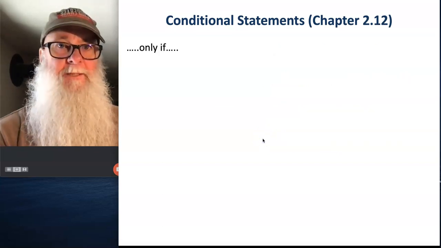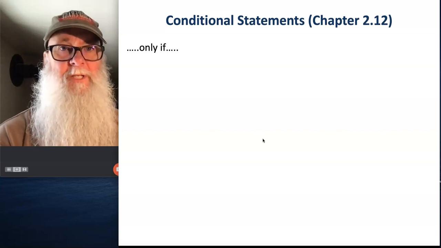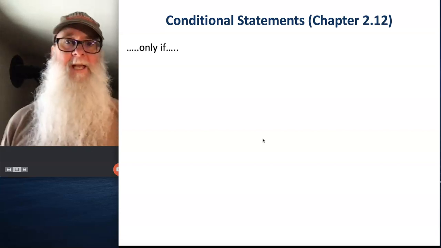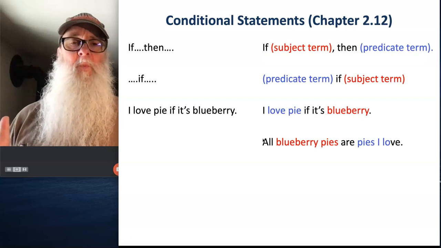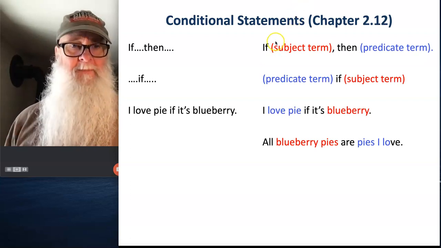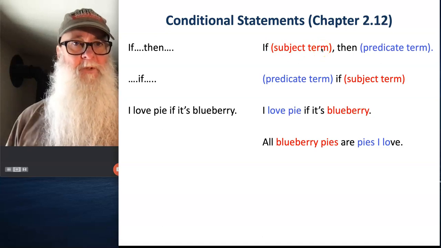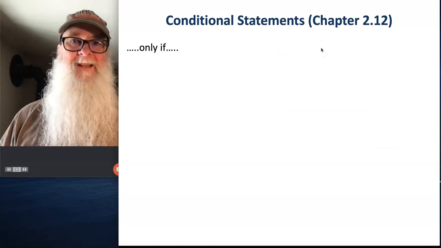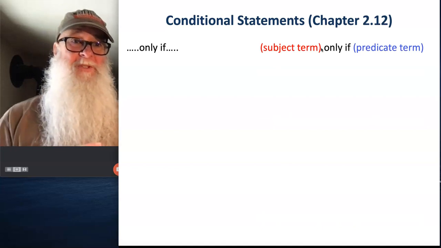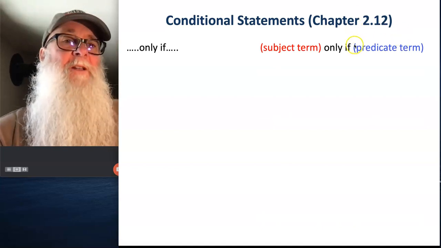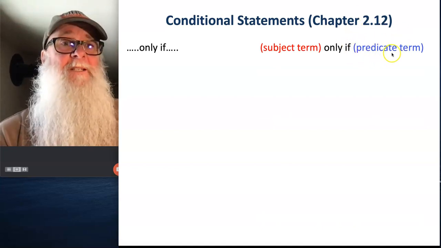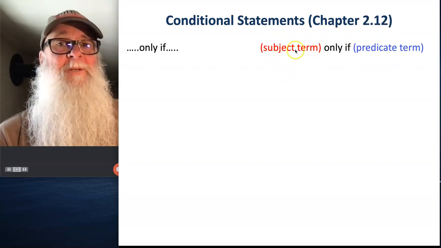Another tricky thing about conditional statements is the phrase only if. Okay? What we just said is that when we're dealing with a statement that has the word if in it, whatever follows if is the subject term, or is going to be translated as our subject term. But if it's only if, the rule's kind of flipped. Whatever follows the phrase only if is going to be the predicate term, and the subject term is going to come before.